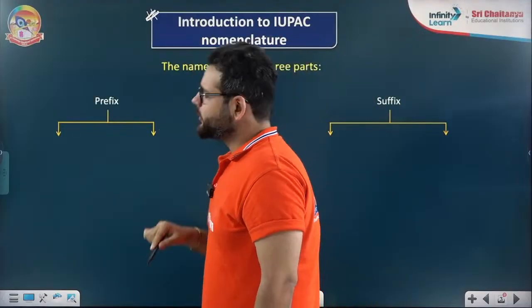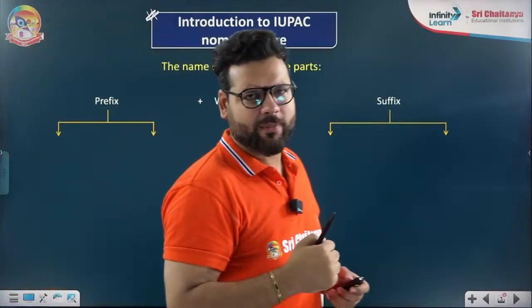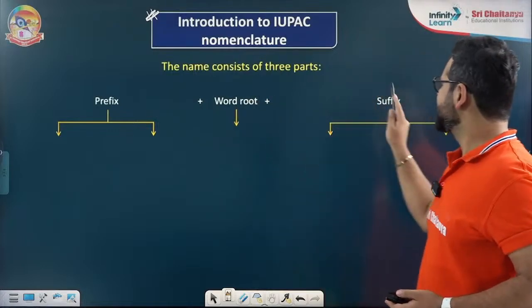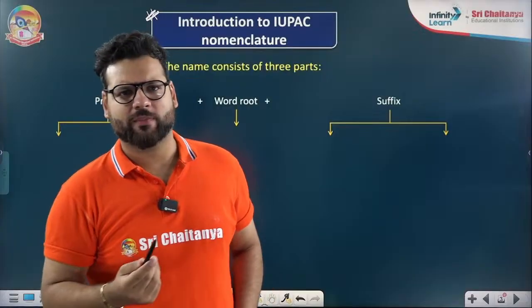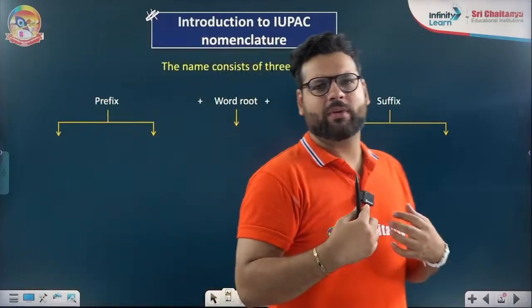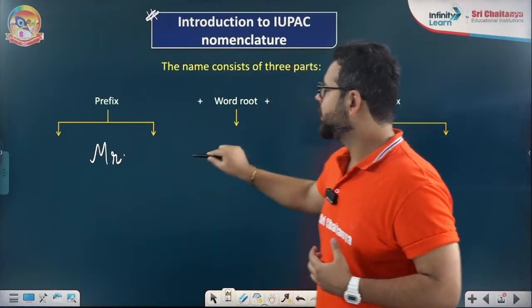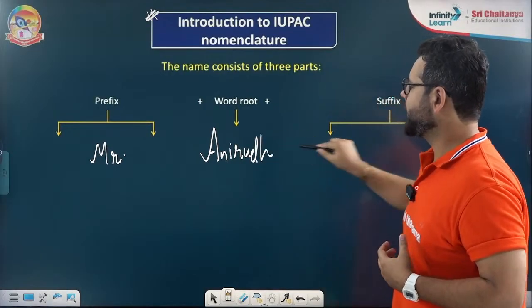Whenever you look at any IUPAC name, the name generally consists of 3 major parts. All of you know about this: prefix, word root, suffix. Just like for us, if I want to write my name, I'll write Mr. Anirudh Mehta.